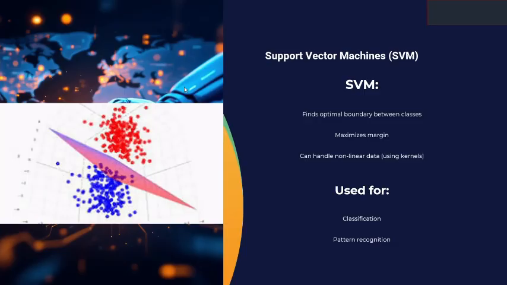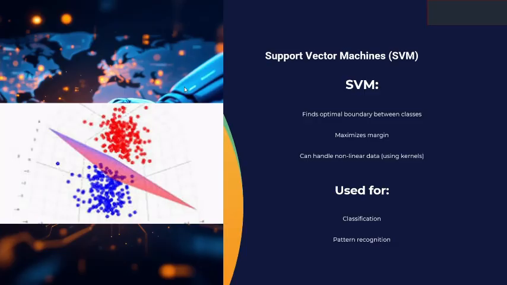And what do you want to do? You always want to maximize that margin, and this can be handled with nonlinear data using what we call kernel tricks, or kernels. Kernels can be linear, quadratic, or polynomial as well.